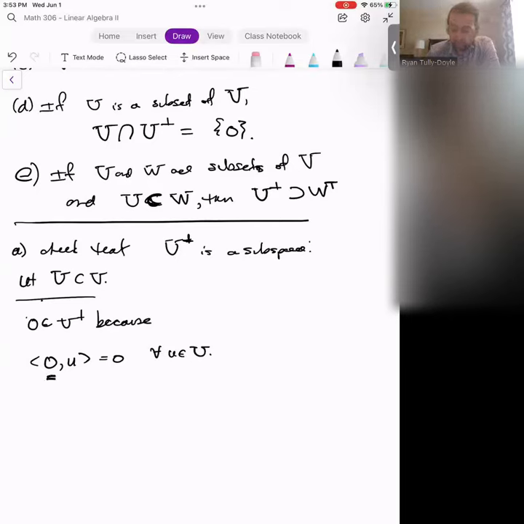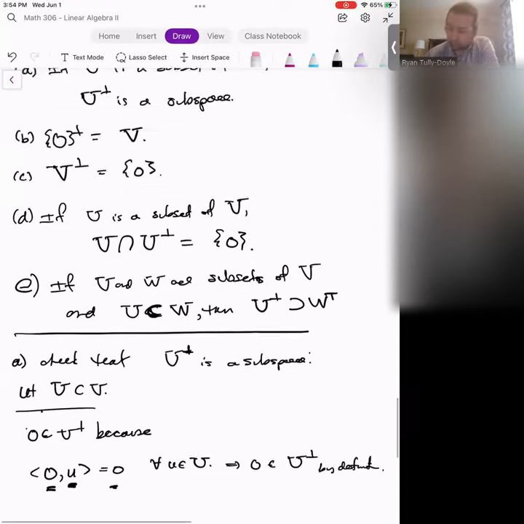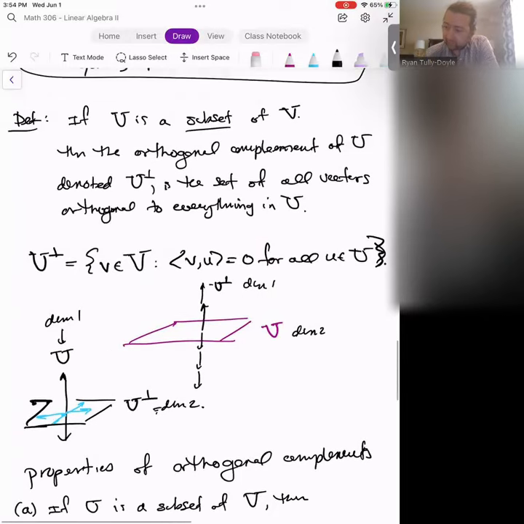Since u inner product 0 is equal to 0 for every u in U, that implies that 0 is in the orthogonal complement of U, just by definition. If you recall, that's the definition of the orthogonal complement. Go back up here and we'll look at it real quick. Right here. So 0 must be in there.